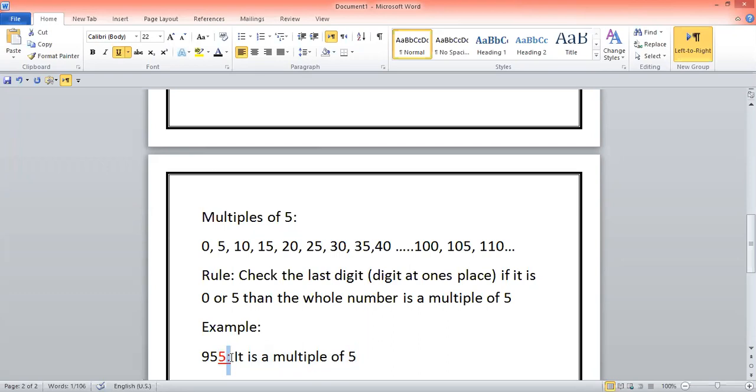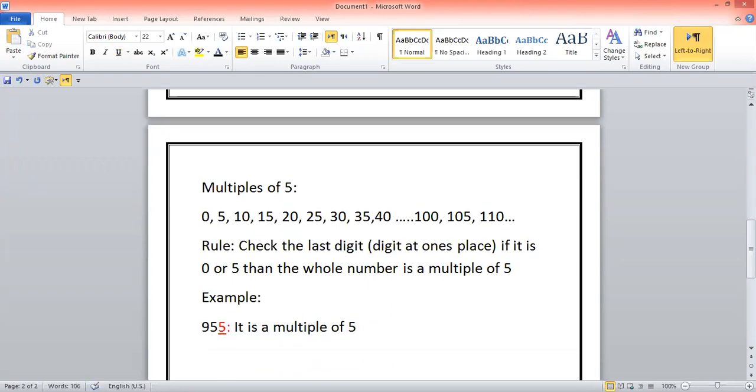You have to write in the notebook, guys. Remember, the next example I'm giving you is 491. In 491, the last digit is 1, or the digit at the ones place is 1.